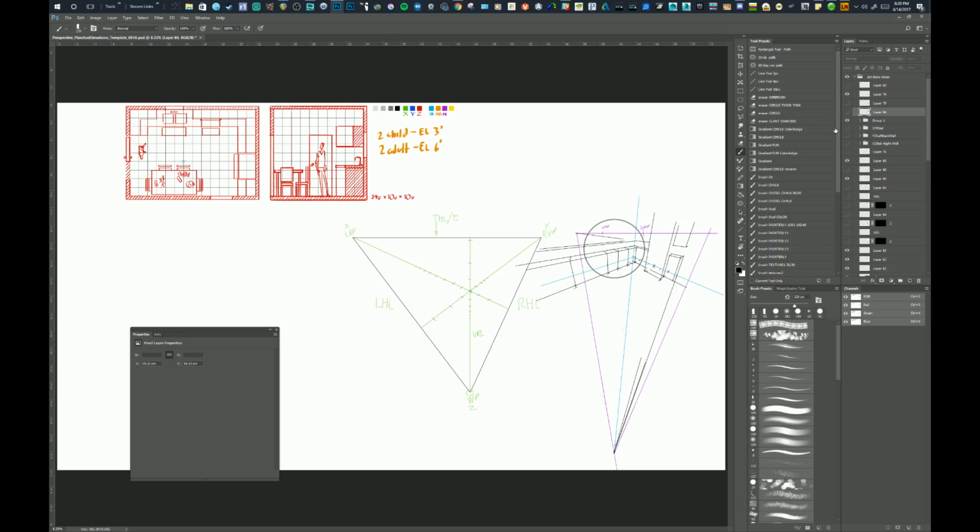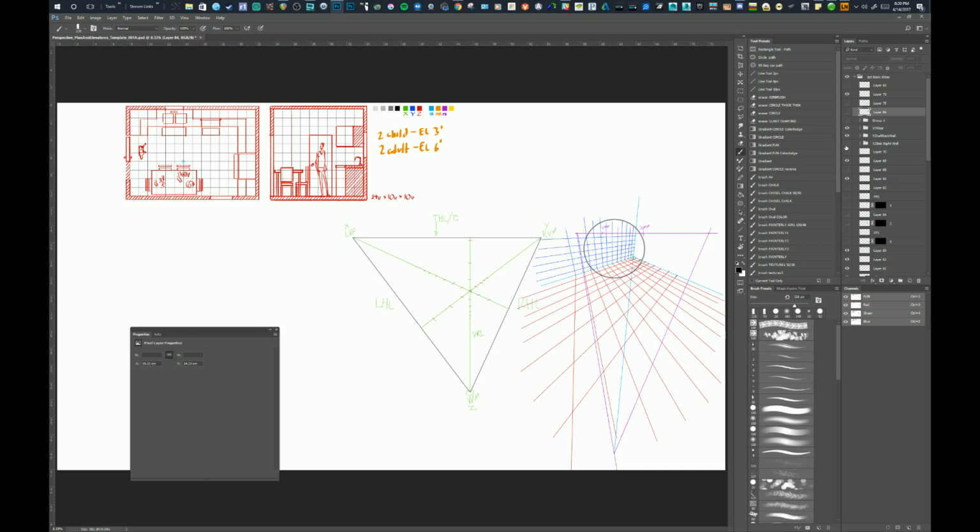The main thing that I wanted to show you was that you absolutely cannot arbitrarily place the center of vision. You need it to be placed in accordance with everything that you've been taught.